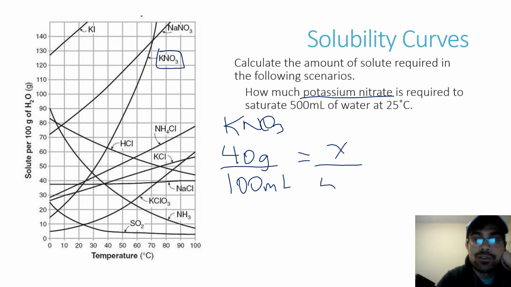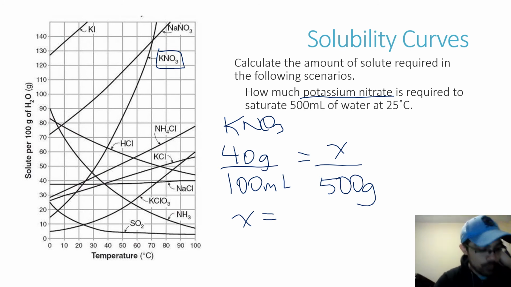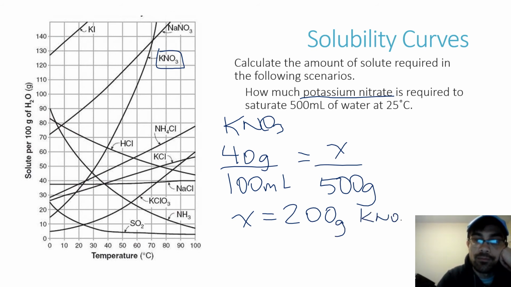We want to know how much can be dissolved in 500 milliliters. Again, we'll set up this little ratio and solve for x, in which case x is equal to 200 grams of KNO3. So if we wanted to make a saturated solution with 500 milliliters of water, we would need 200 grams of KNO3, at just over room temperature, 25 degrees Celsius.